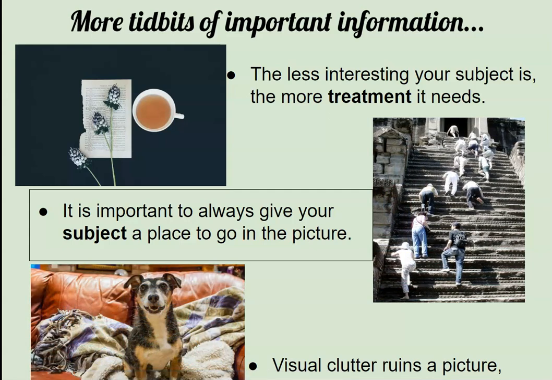In the first picture of the still life, once again, we changed up the camera angle. This camera angle now is from directly above that subject. We have a very simple background. Inherently, this picture is more interesting than the previous one, although the previous one did have some better treatments of the picture that made it interesting, but I definitely find this one more interesting.